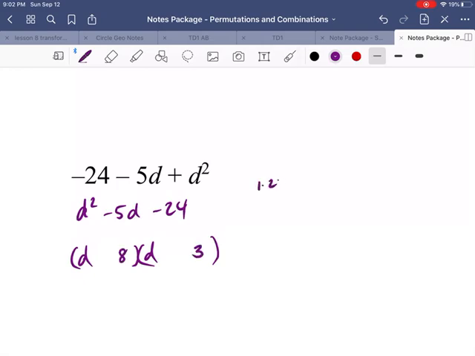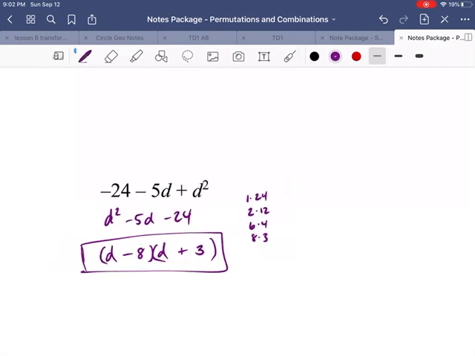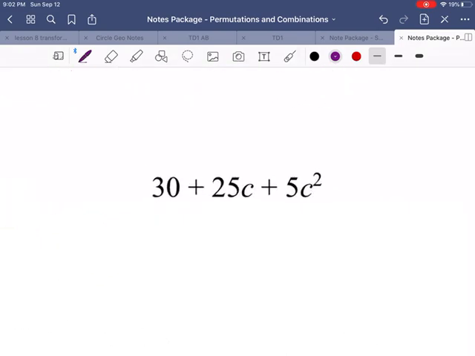Again, you could do 1 and 24, 2 and 12, 6 and 4, and 8 and 3, but the only way to get a difference of 5 is going to be 8 and 3. So we need it to be more negative, so make the 8 negative and the 3 positive. This one again is written in reverse order.